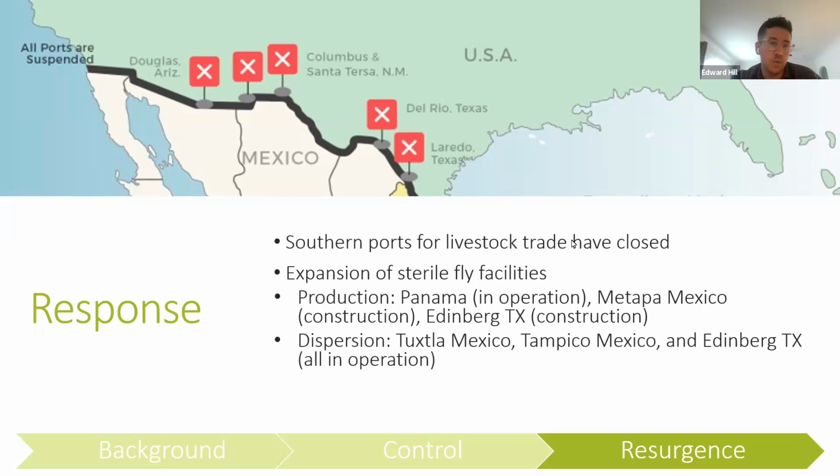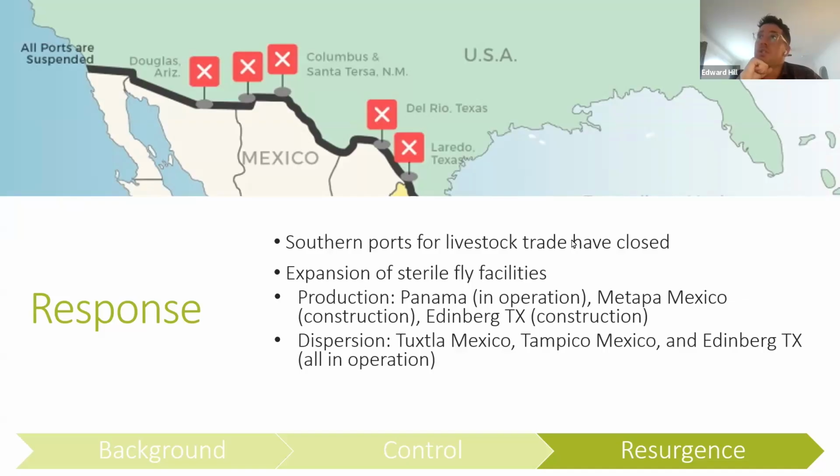On top of that, we are building new huge sterile fly facilities in Texas and in Mexico to help complement or supplement the Panama operation, which is the only thing in operation right now.